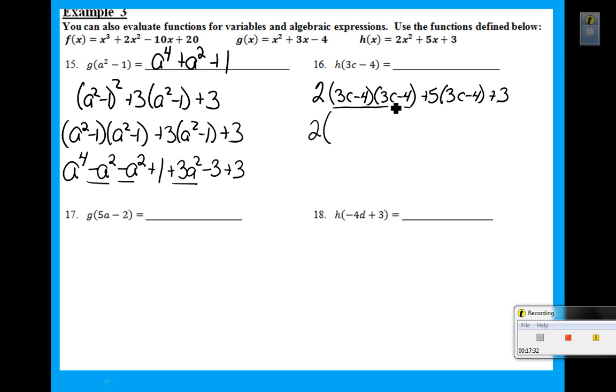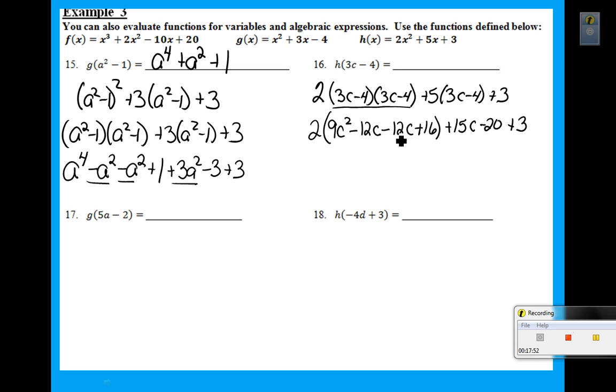Now let's FOIL this. 3c times 3c is 9c squared minus 12c minus another 12c plus 16 plus 15c minus 20 plus 3. So there's what I got going on so far.